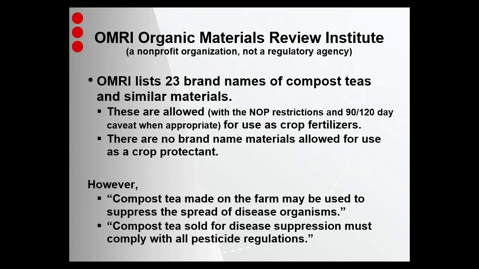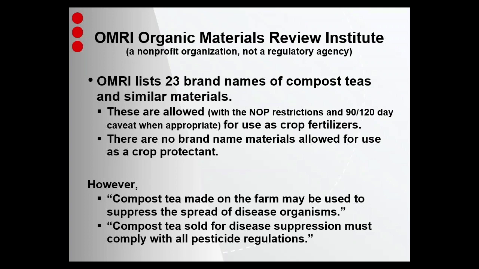And the group OMRI, which is a nonprofit organization, it's not part of the regulatory agency of the National Organic Program and USDA, but OMRI does materials review to see whether the materials would be allowed in organic certified operations. And they do list 23 different brand names of compost teas and similar materials that can be used even in certified organic operations.